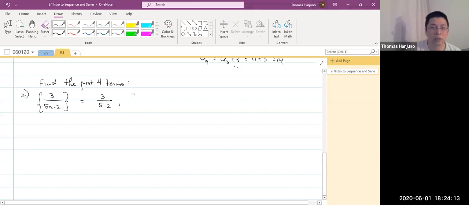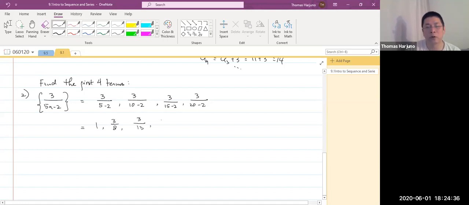The second term is 3 over 10 minus 2, then 3 over 15 minus 2, then 3 over 20 minus 2. That's 3 over 3, that's 1. This is 3 over 8. This is 3 over 13.